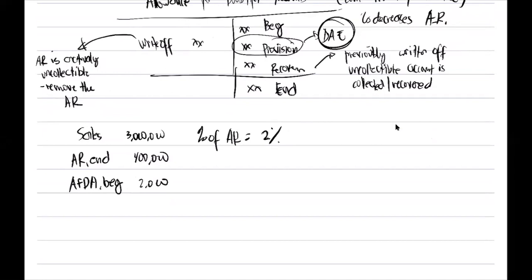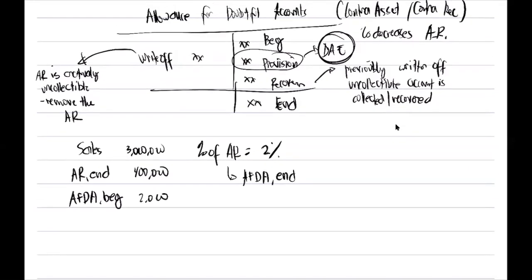So we need to make our adjusting entry. So how do we apply your percentage of AR? Sabi natin yung percentage of AR, ang makukuha natin dyan is yung ending balance ng allowance for doubtful accounts, di ba? So paano ba natin i-compute?